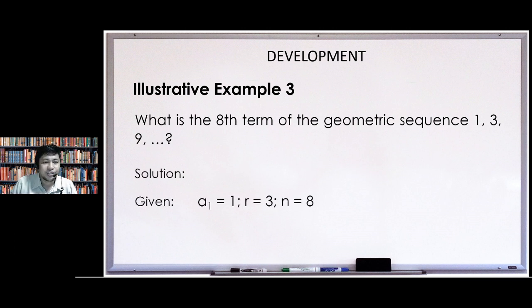Since the first term now is 1, what is the common ratio? That is 3. It came from dividing the second term by the first, since we already knew that this is a geometric sequence. So 3 divided by 1 will give us 3. And for n, that is the eighth term. Okay? So let us continue.